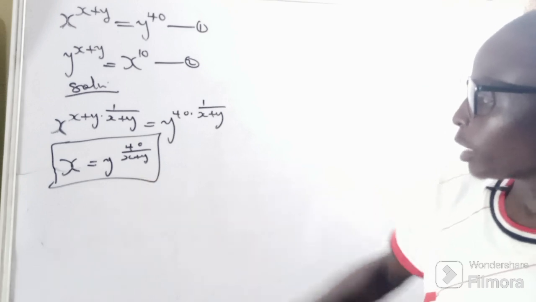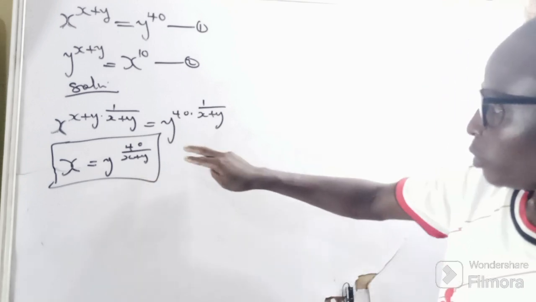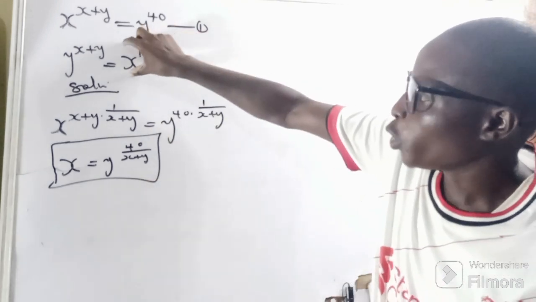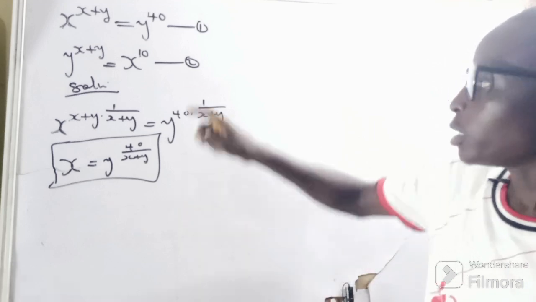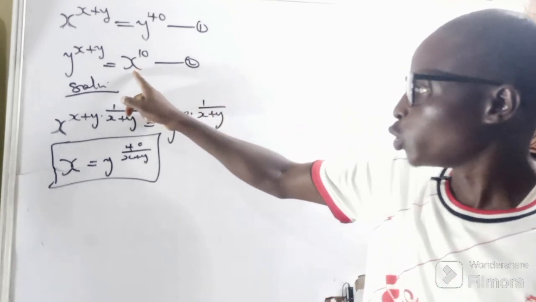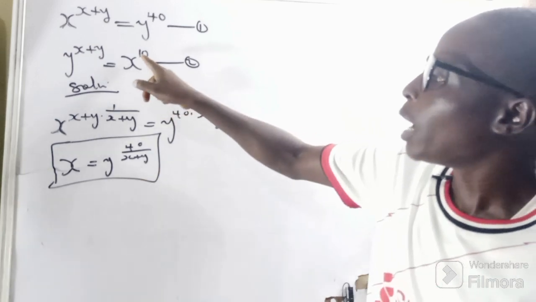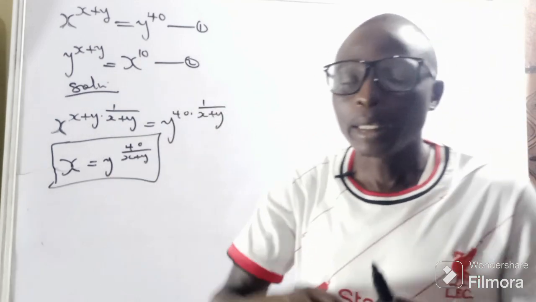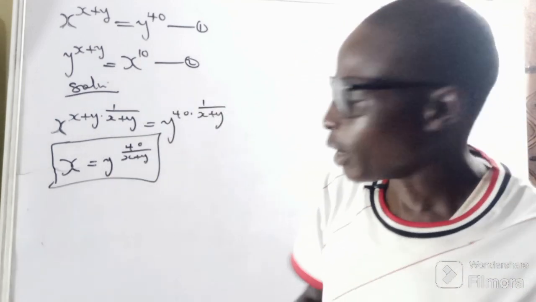So if that is the case, let me come to equation 2 and do the same thing. Still, I want to make x the subject of the formula in equation 2. That means I'm going to multiply the power of both sides by 1 divided by 10.